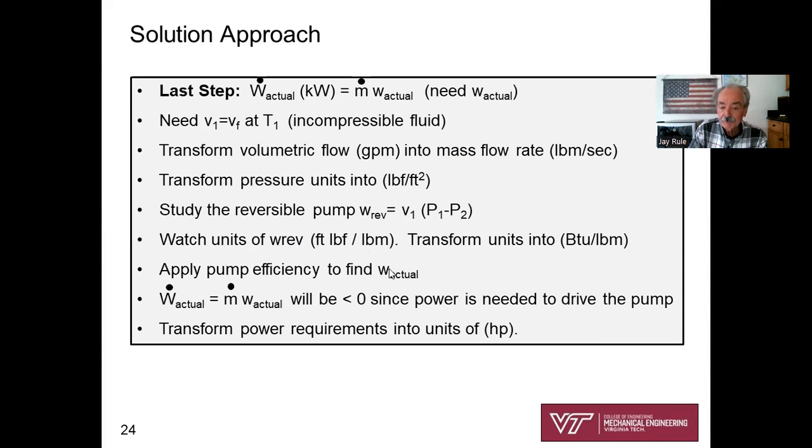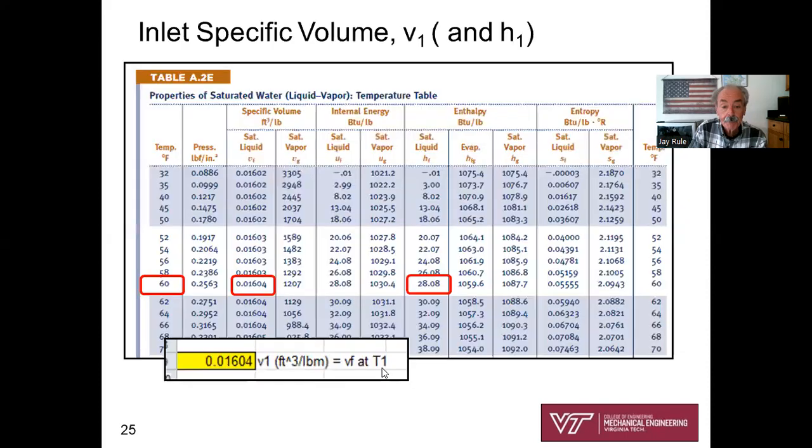We will apply the pump efficiency to find little W actual, and then we'll multiply little W actual by the mass flow rate to get the output power. And then we're going to still have units conversion. We're going to have to transform our W dot, whatever units we come up with, into horsepower. And it's easy, but you have to know the conversion factor.